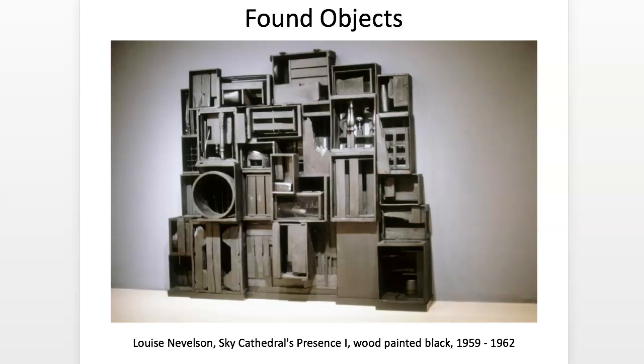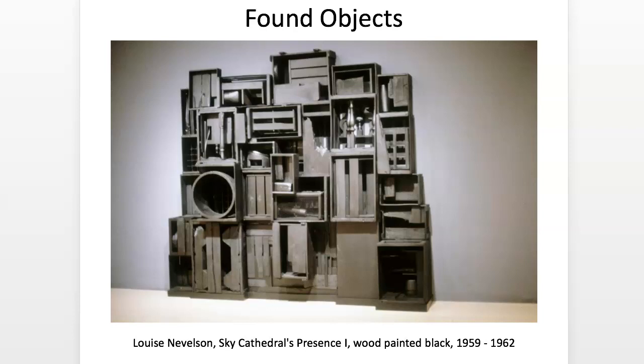This artist, Louise Nevelson, used to walk the street and find bits of furniture that had been discarded, and then she would make pieces by unifying them together with a single color. So she would build and assemble them out of found objects.